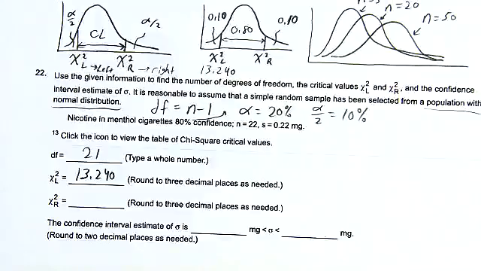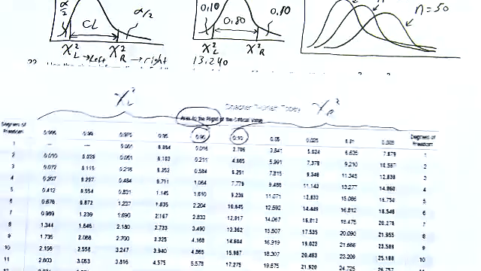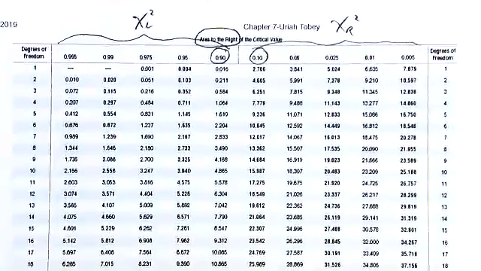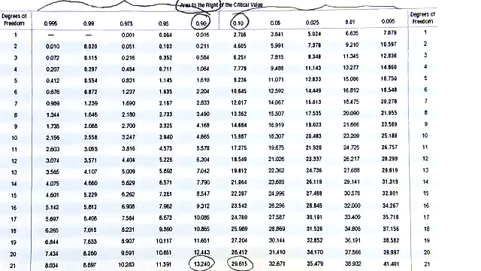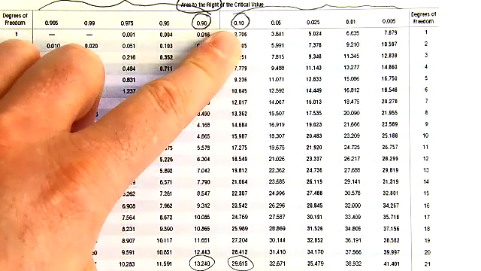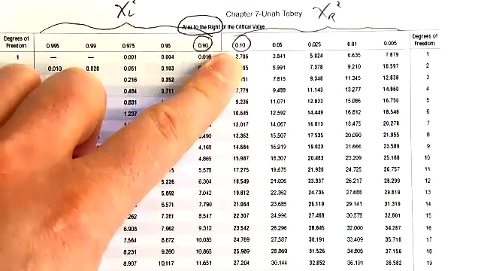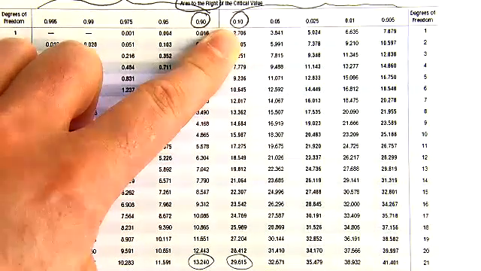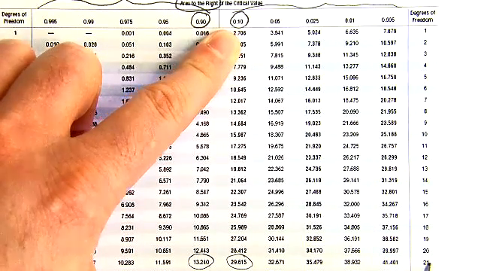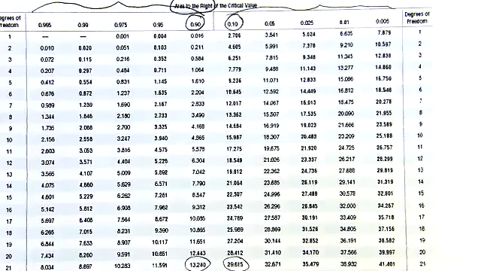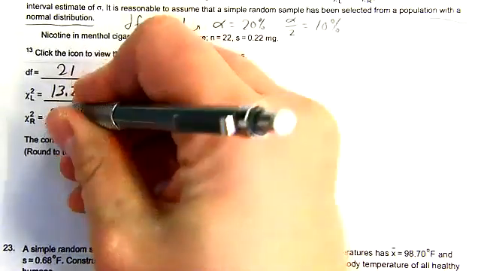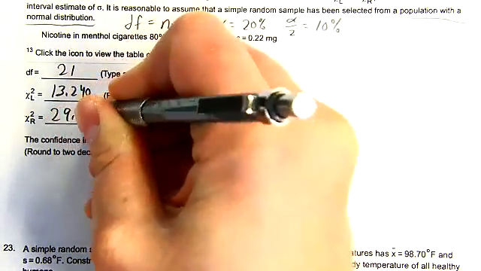Now chi-squared right at 21 degrees of freedom would be, in this column from before, 10% of the area is to the right of it, and then I go down to 21 degrees of freedom, and where those two things intersect, 29.615.